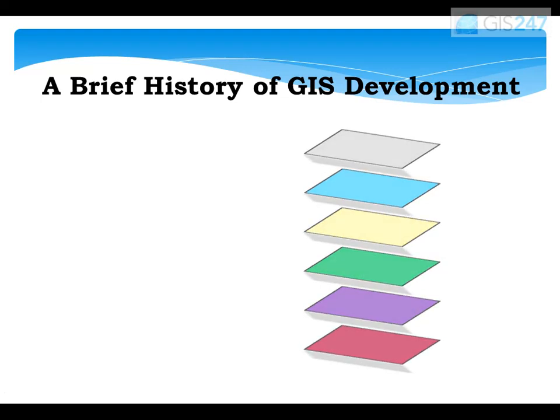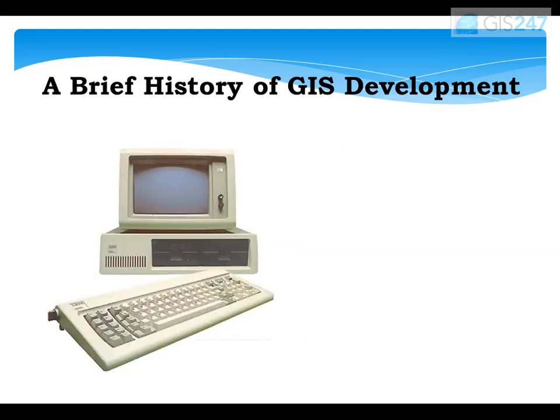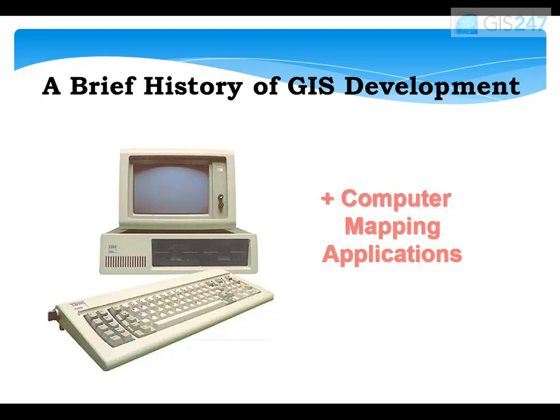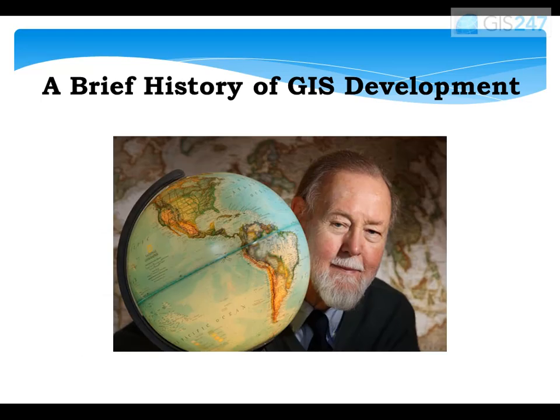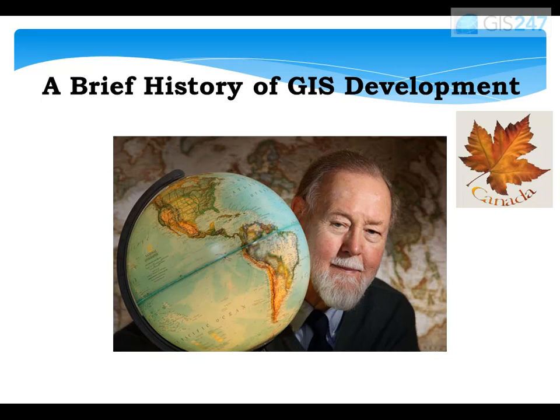The true advent of what we now know as GIS came with the development of computers and computer mapping applications in the early 1960s. The world's first true operational GIS was developed by Dr. Roger Tomlinson and was called the Canada Geographic Information System, CGIS.